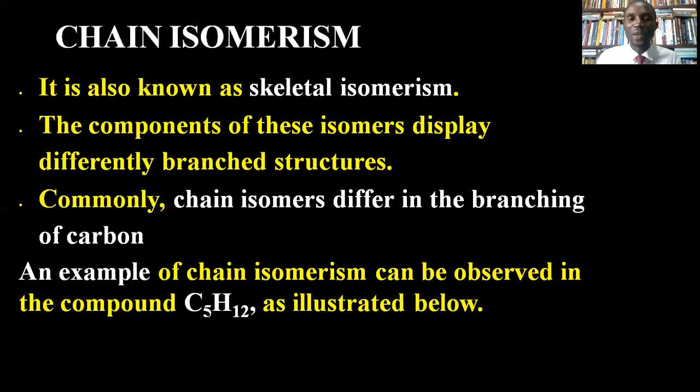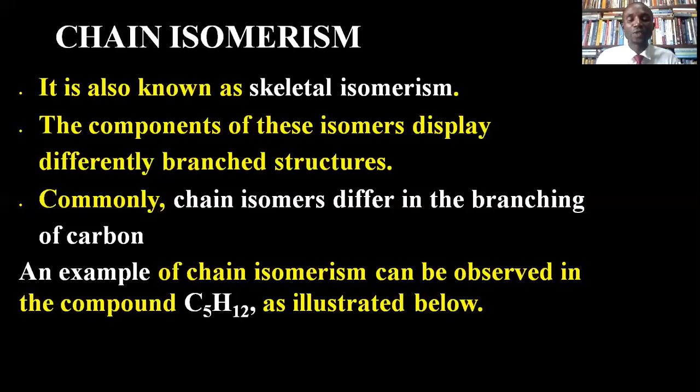It has to do with the way the chain, the branch, is placed. Chain means branch in chemistry. So commonly, chain isomers differ in the branching of carbon, the way the branch is placed. That is what we mean by chain isomerism.